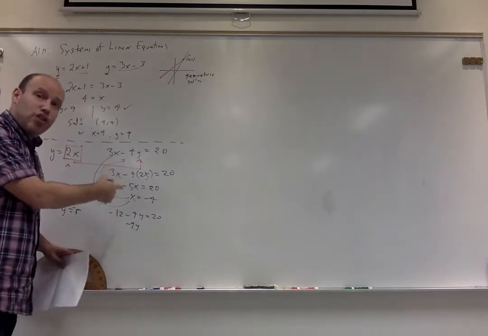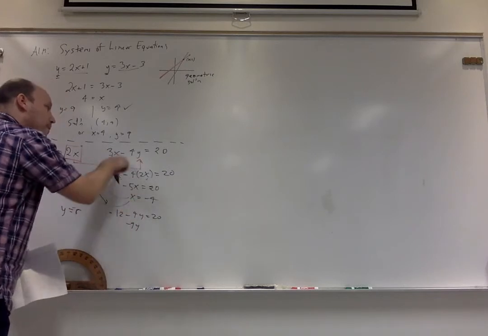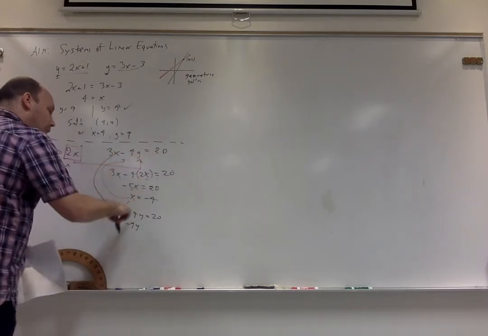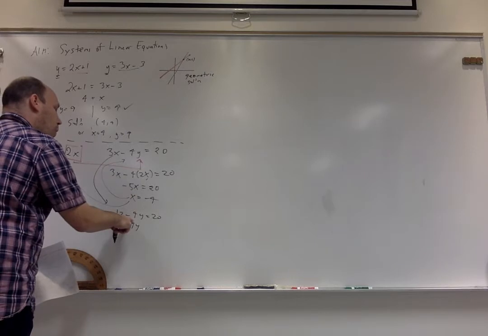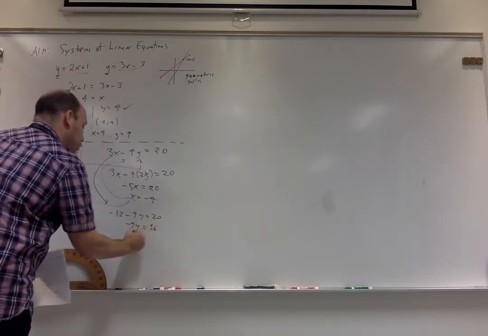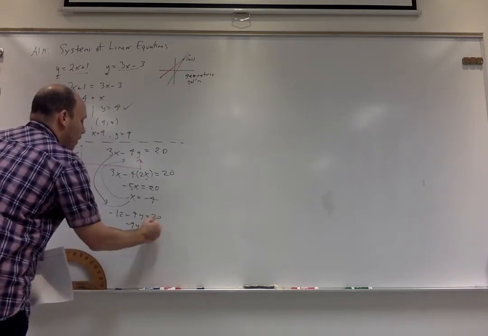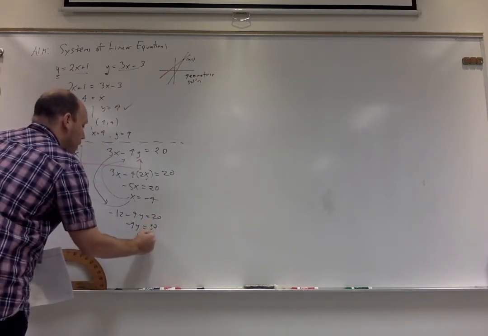The good student checks it in both equations. So we plugged our negative 4 back into our original equation. We got negative 12 minus 4y equals 20. Negative 4y equals 32, y equals negative 8.